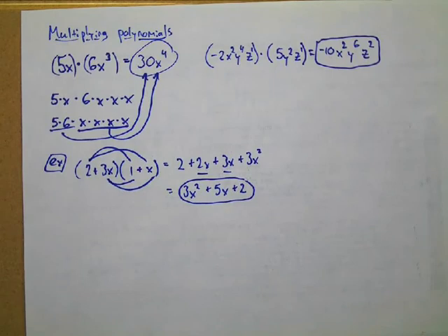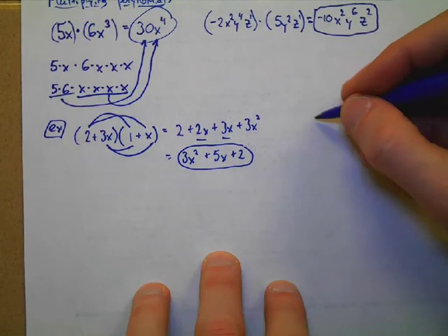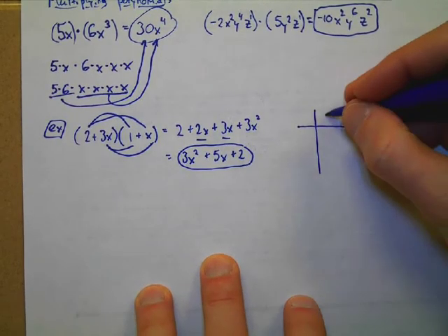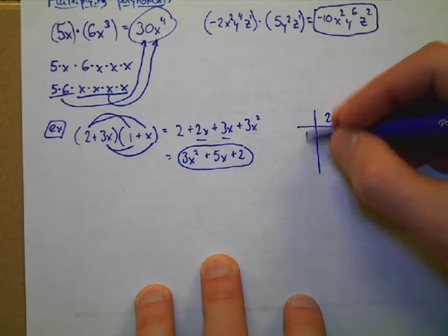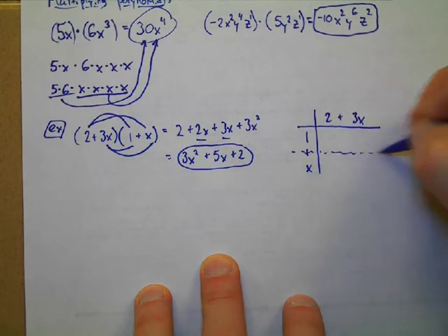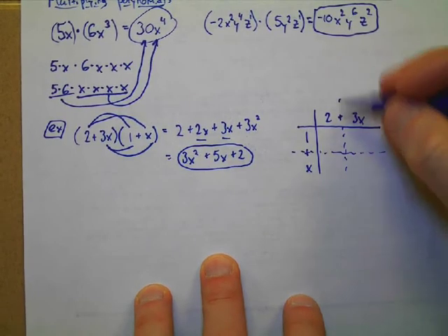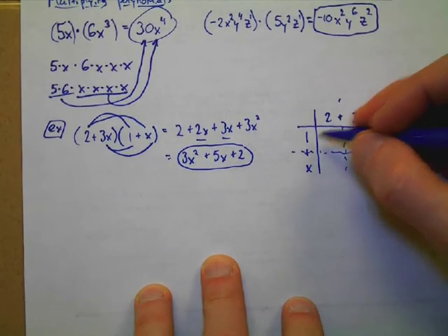Another way to organize your work here is that some people make a chart. They'll put the 2 plus 3x across the top and the 1 plus x down the side, and divide it up across the addition signs. For this cell, we multiply 1 and 2 to get 2.